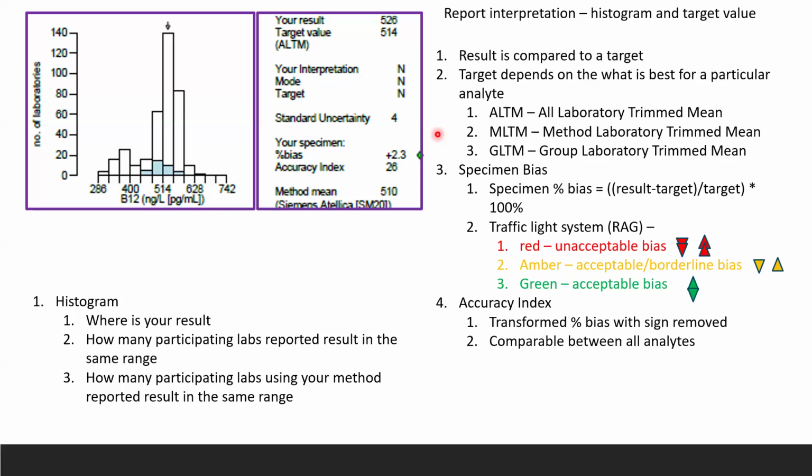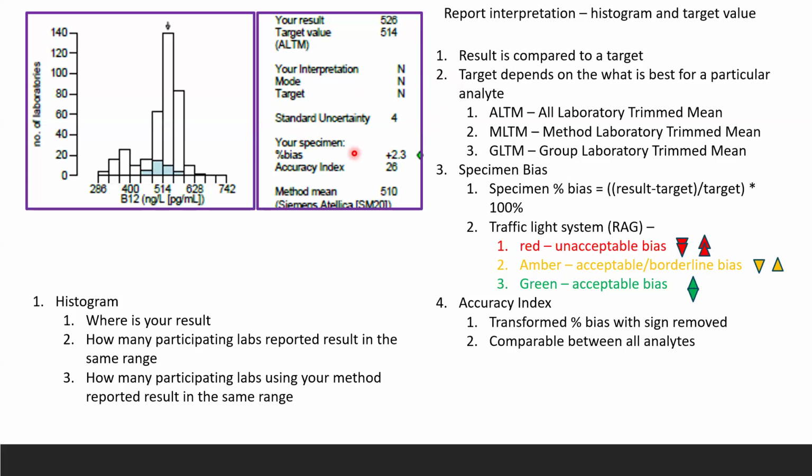To go back to comparisons, we have our result and we have the target value. The specimen bias, which is here, as you've seen before, tells us how many percent our result is away from the target and in which direction, whether positive or negative.